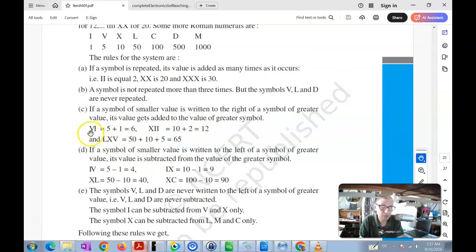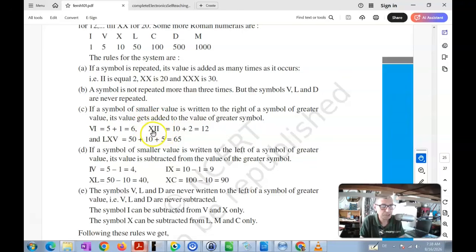So we said that when you want to use the additive principle, you will write your 5 over here, and then when you put the 1 on the right hand side of it, the value of 1 is essentially added to the 5, which means that this becomes a 5 plus 1, which is equal to 6, right?